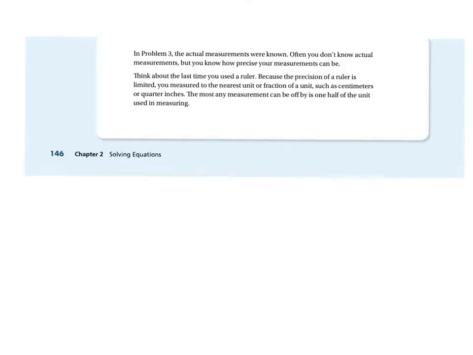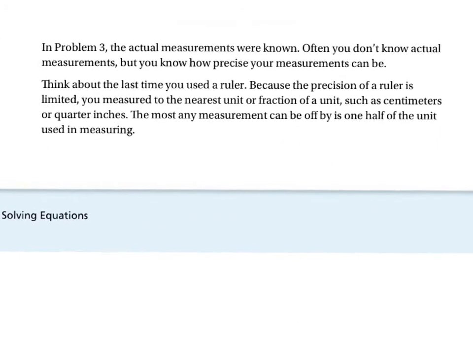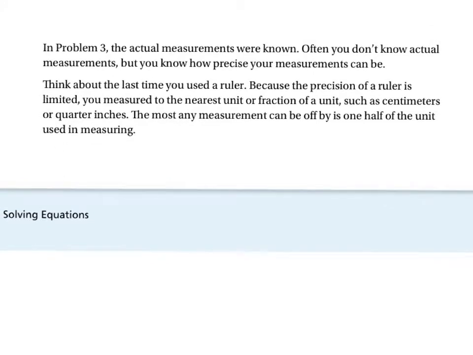So at the bottom of the page, it talks about when actual measurements were not known. Often you don't know actual measurements, but you know how precise the measurements can be. Think about the last time you used a ruler. Because the precision of a ruler is limited, you measured to the nearest unit or fraction of a unit, such as centimeters, quarter inches, maybe 1/16 of an inch.